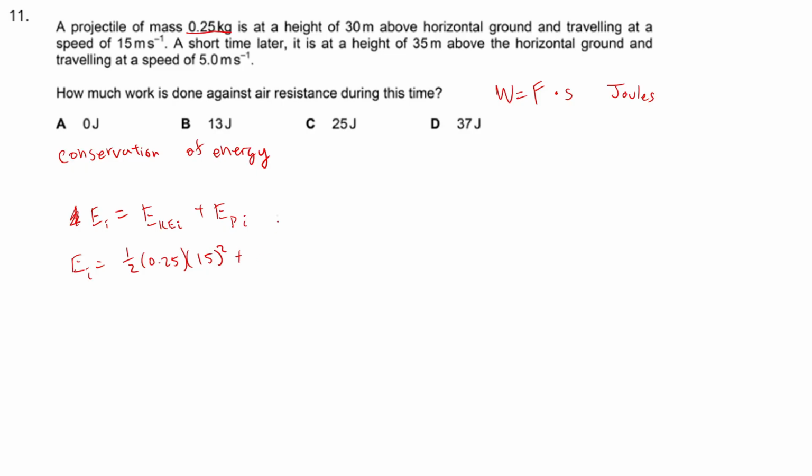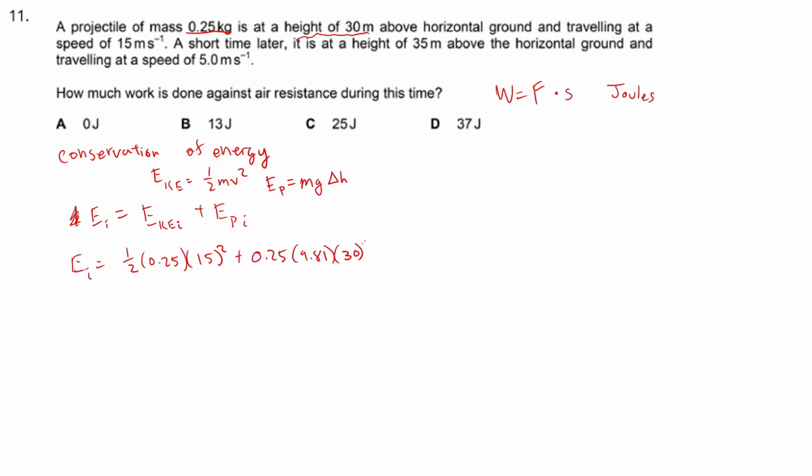Our potential energy is denoted by the equation mg times the change in h. I should write in these equations so it's a little bit more clear. Right, so we do this. Multiply the change in y, and our change in y is given here by the height of 30 meters.